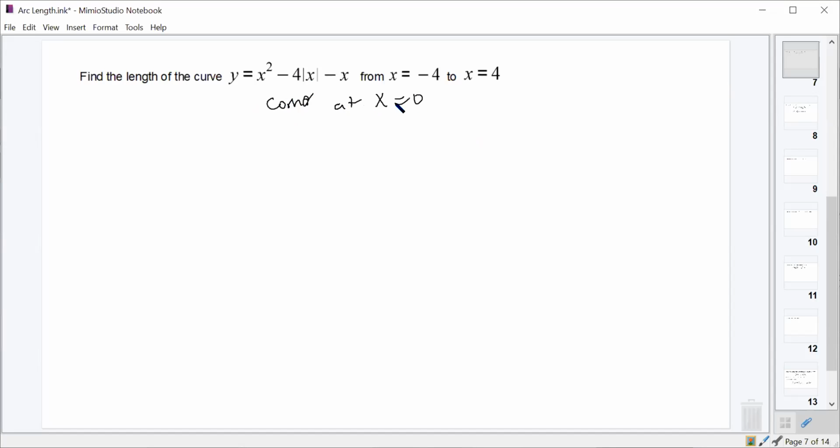So what does this function look like if x is less than 0? If x is less than 0, we've got x squared. And when x is negative, when you take the absolute value of it, you take the opposite, right? So that would become a plus 4x minus an x, or x squared plus 3x. Everybody agree with that? And when x is greater than 0, you take the absolute value of it, the sign stays the same. So this is x squared minus 4x minus x, or x squared minus 5x.